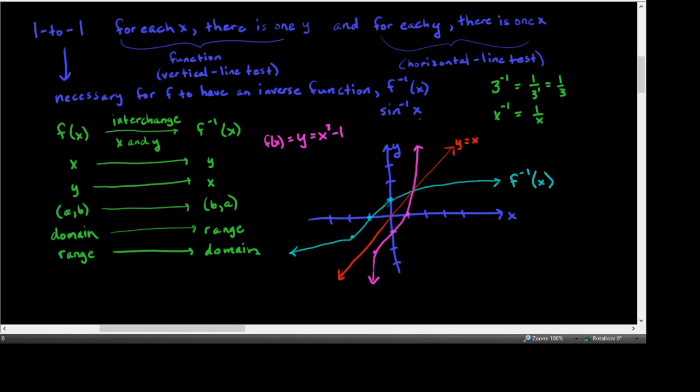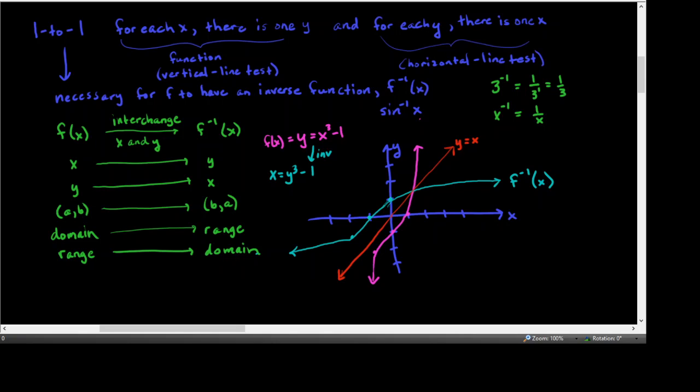Now we're going to talk pretty soon about how to find the equation for that inverse. And in fact, it involves interchanging the x's and y's. Let's go ahead and do that. Why not? So if we were going to find the inverse, we'll take the original equation that has x and y in it and switch. Every y will be written as an x, and every x will be written as a y.